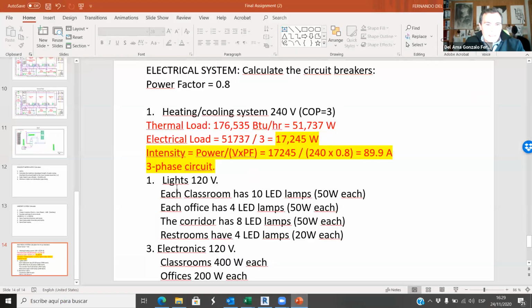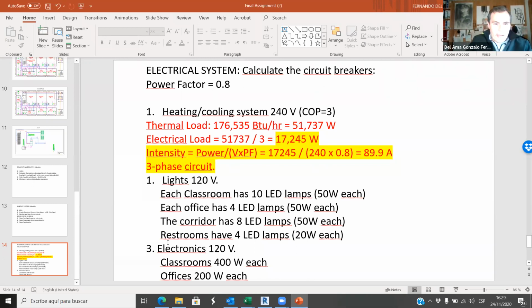And then for the lights, this is up to you, but I want you to do it. So select how many circuits you need, and then divide these circuits and calculate the power, and then calculate the intensity, and finally the commercial circuit breaker.